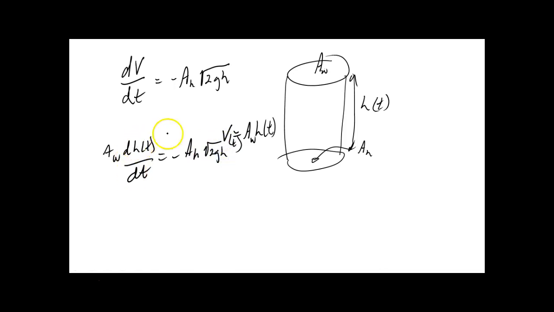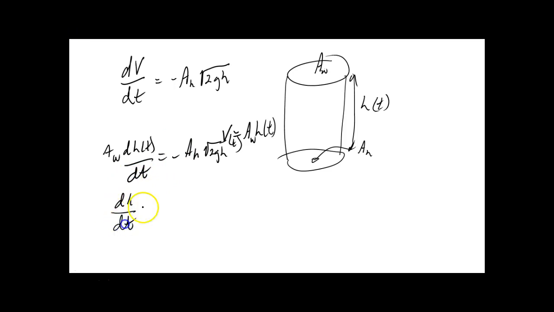And notice here, we have an h over here and the h there. That h is also a variable, okay? Variable height. And then we can divide both sides by A sub W.